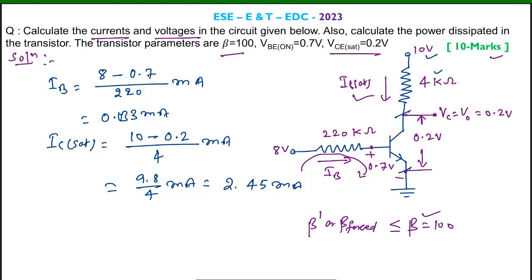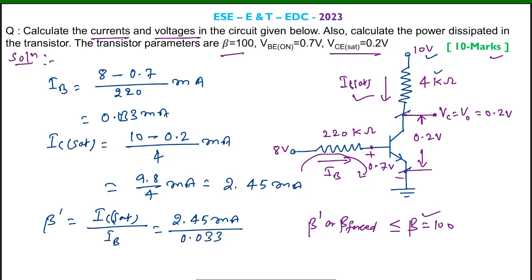Now we need to find the ratio of IC sat by IB, which is called beta dash or beta forced. This is the collector saturation current divided by IB. IC sat we got as 2.45 milliampere, and IB is 0.033 milliampere.